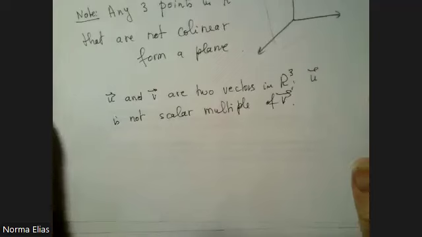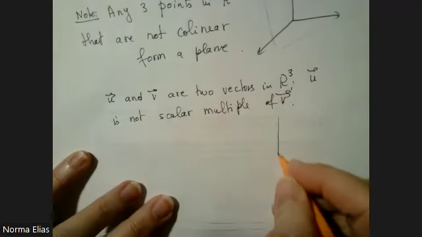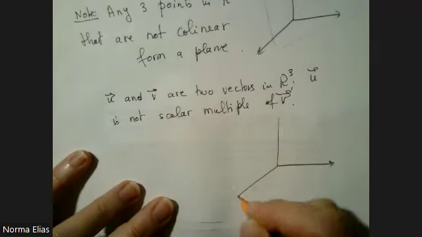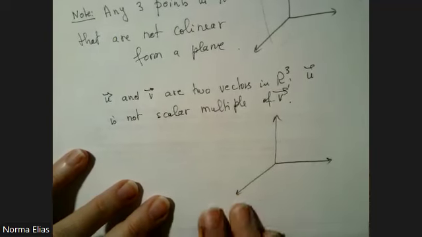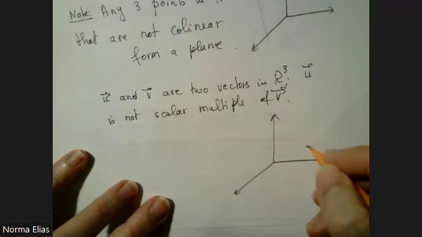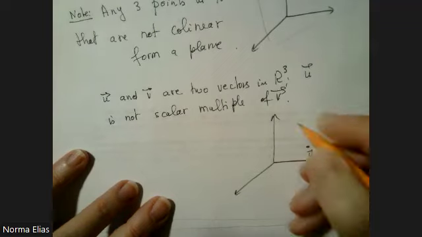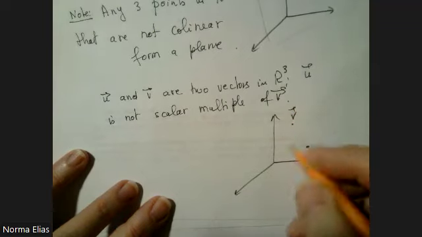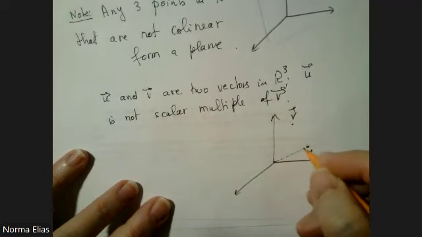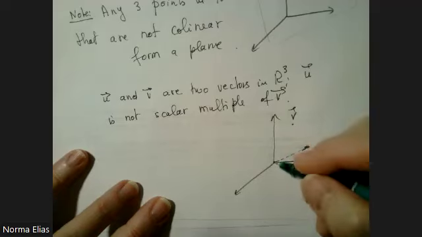Let me draw a little bit of the picture. U and V are any two vectors. So this is my U, and this is V.